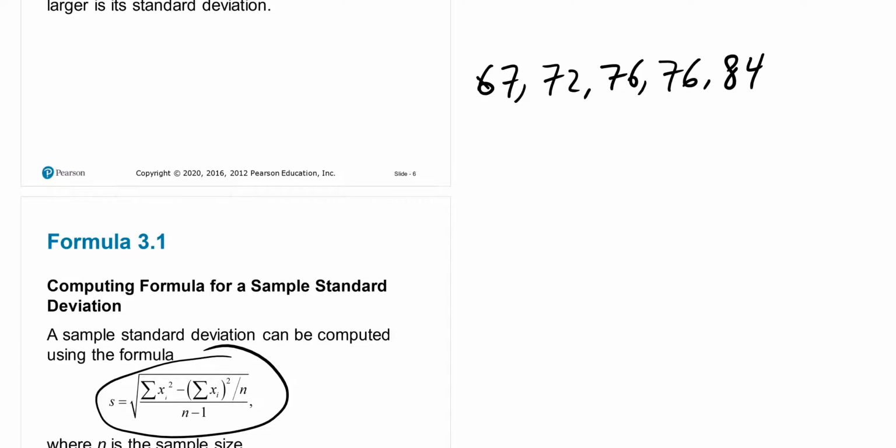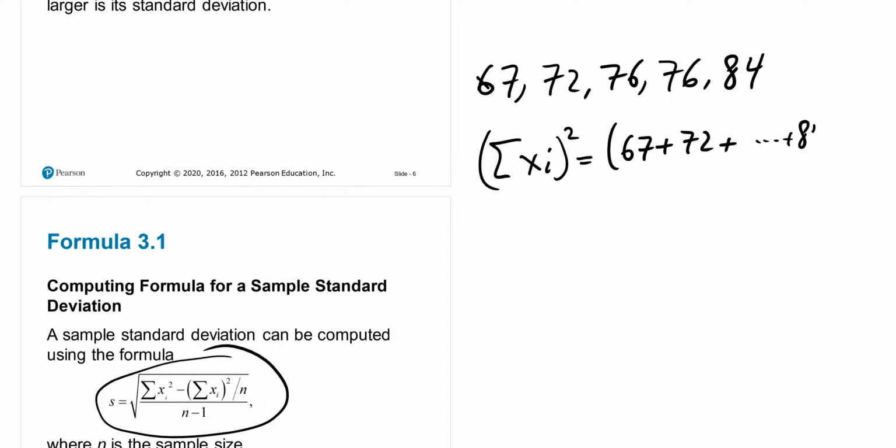First thing we're going to do is find the sum of xi, all squared. You add them all up and then square the result. That gives me 375 squared. Let's keep it like that for now.